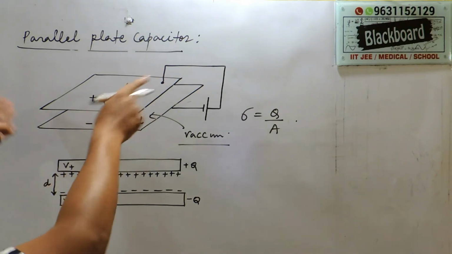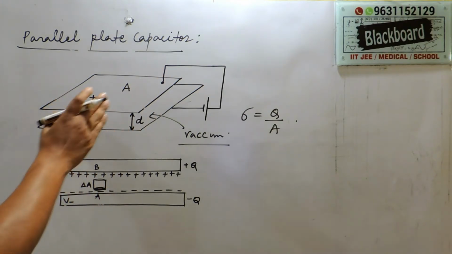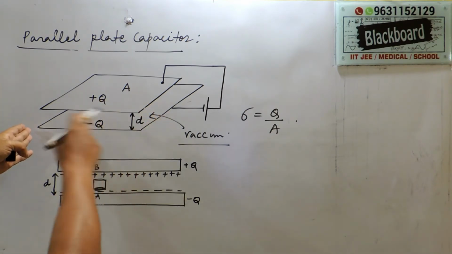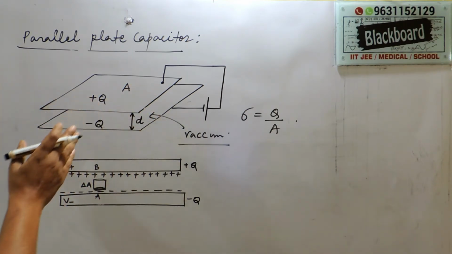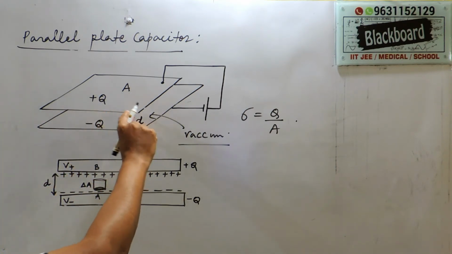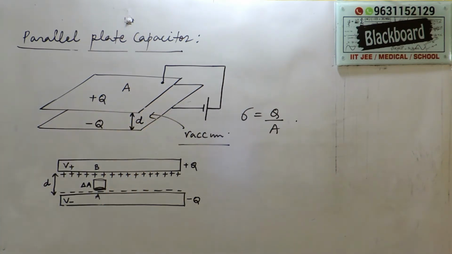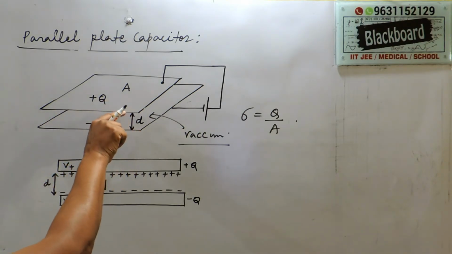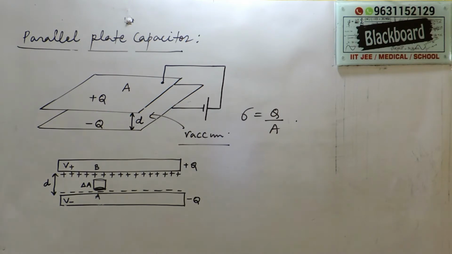That means any linear dimension of the plate is much larger than the separation. For example, if the plates are square, the length of the side should be much larger than the gap. Or if the plate is circular, the diameter will be greater than the gap.